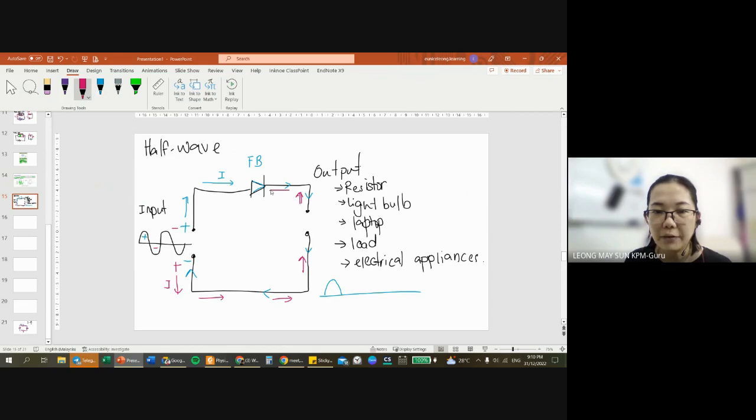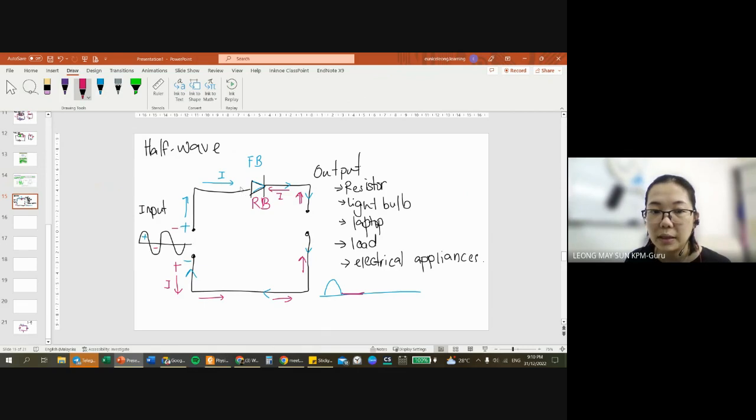But when I reach the diode, notice that the current arrow and the diode arrow are head on right now. So when the bottom part is positive, when my current reaches the diode, it becomes a reverse bias. When it becomes a reverse bias, it will not come out in the output. Why? Because current cannot flow through to the negative terminal.